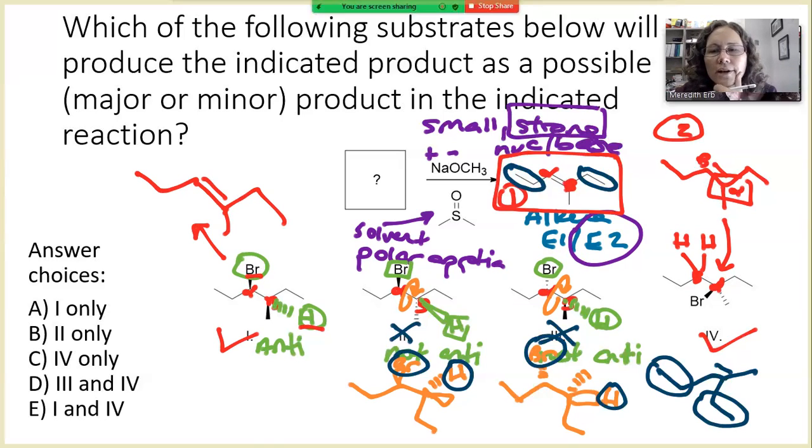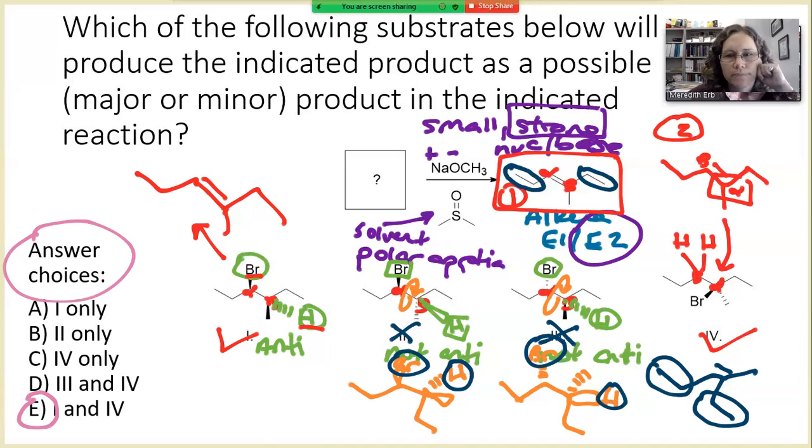So 1 and 4 are both legitimate substrates. So let's take a look at our answer choices over here on the left-hand side. For the answers, we have 1 only, 2 only, 4 only, 3 and 4, and 1 and 4. So based on the analysis that we've done so far, our answer is E. Both 1 and 4 could make the product that we want to make in this reaction.